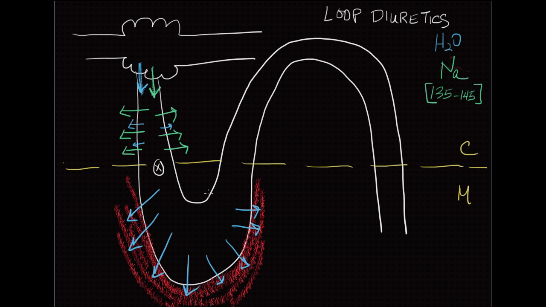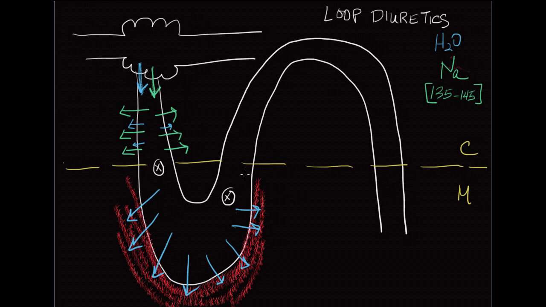Alright, so at this point here, which is our second X, we've had a lot of salt removed. Almost 85% of the salt is removed in the proximal tubule. We've had a lot of water removed because of this concentrating gradient that we find ourselves in when we're in the medulla.